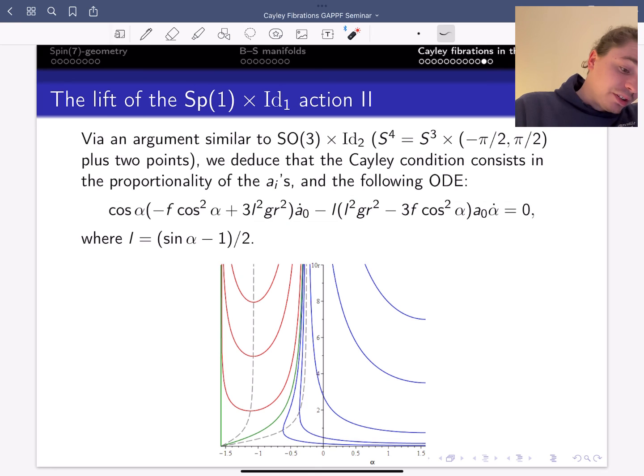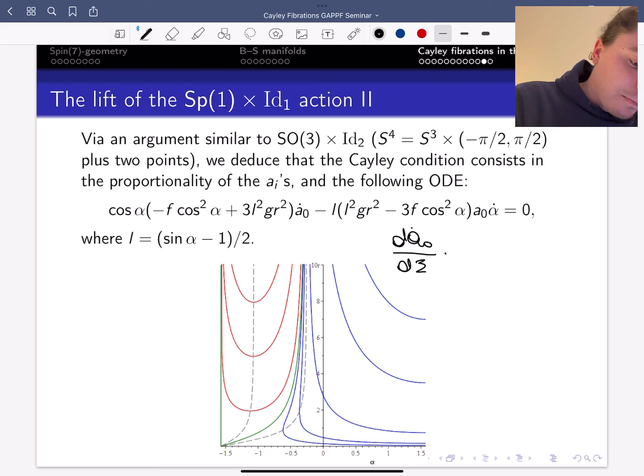So by a dynamical system argument, let me use the pen, writing the A0 dot over the r times the r over the alpha dot, we get the A0 dot over the alpha.